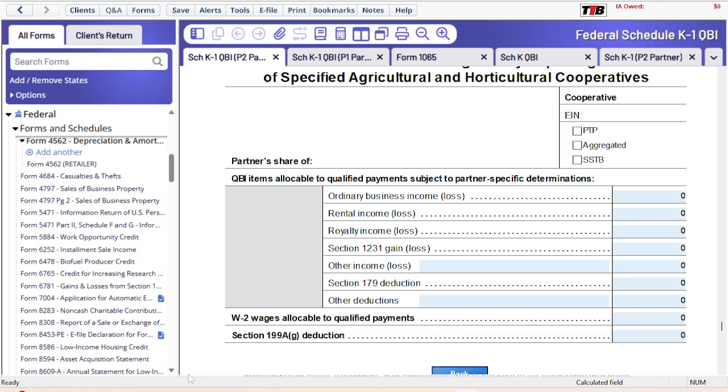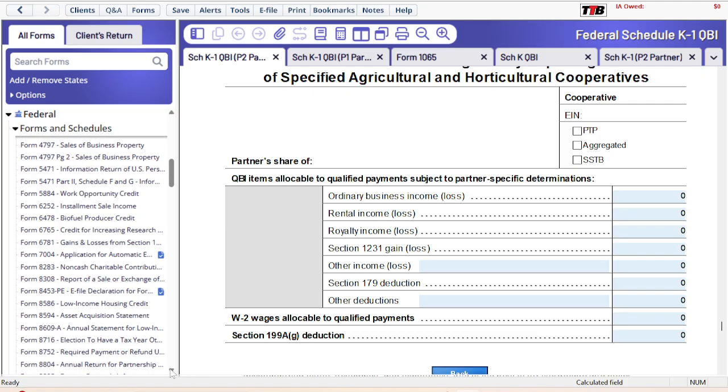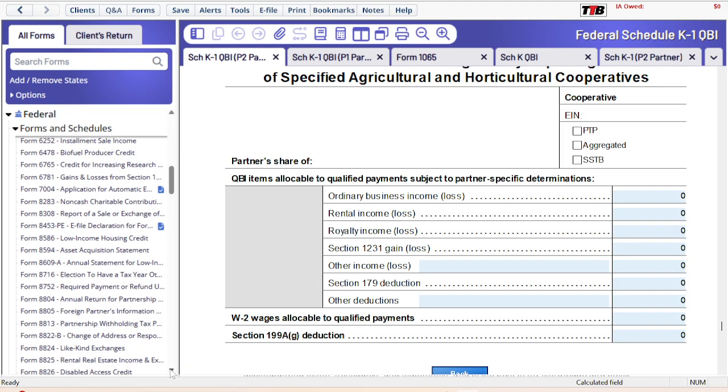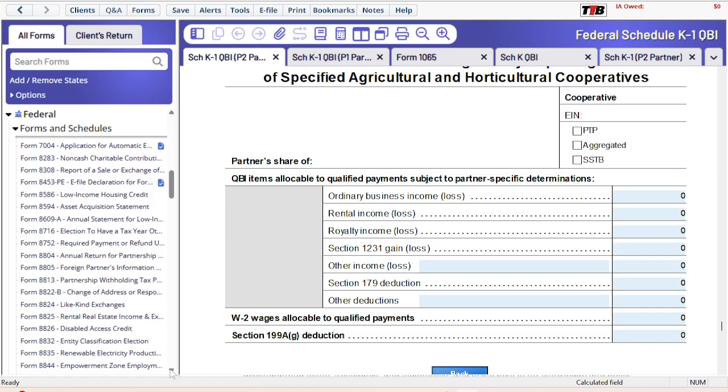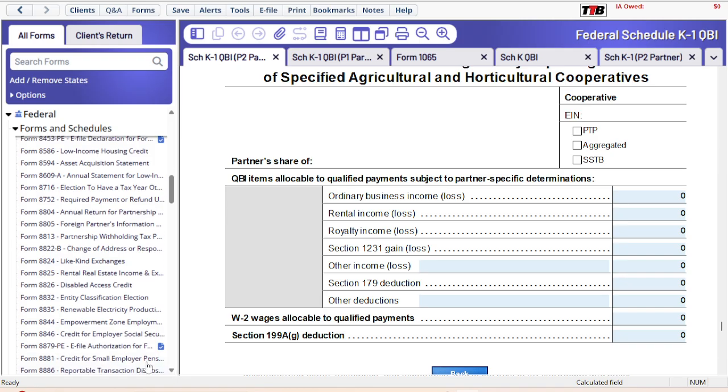AD 453. I think there are 2 of them. ADA 79. E-file authorization for Form 1065.